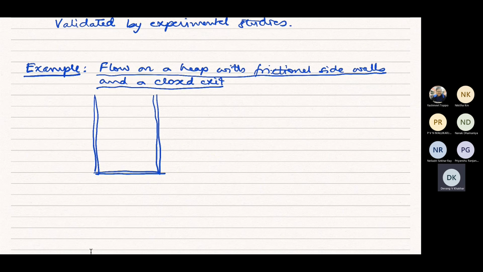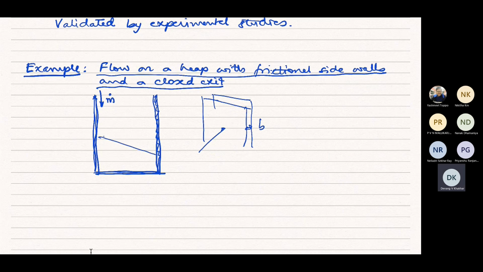As before, we are looking from one side, but if you look at the 3D view, it is actually two plates like this, which are separated by a distance b, and we are looking from this side, and let's say this is the closed system, so there is no place for the particles to go. And as before, I'm going to put in a constant mass flow rate of particles from one edge. So what will happen is that the particles will again form a heap. So it will form a heap like this.